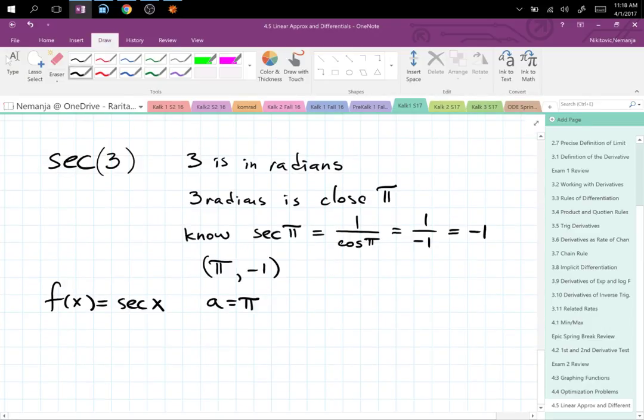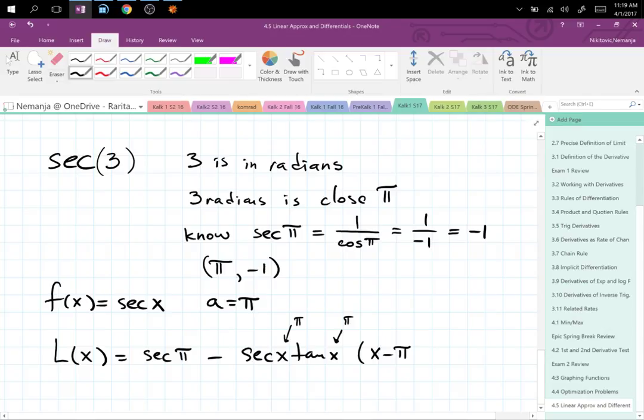So what is the linearization L of x? It is secant of pi plus the derivative of secant, which is secant x tangent x, but we have to plug in pi, times x minus pi.